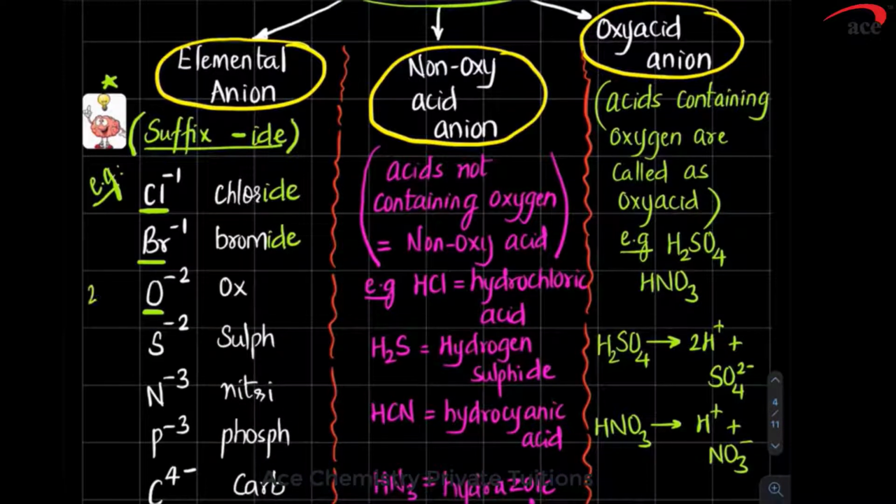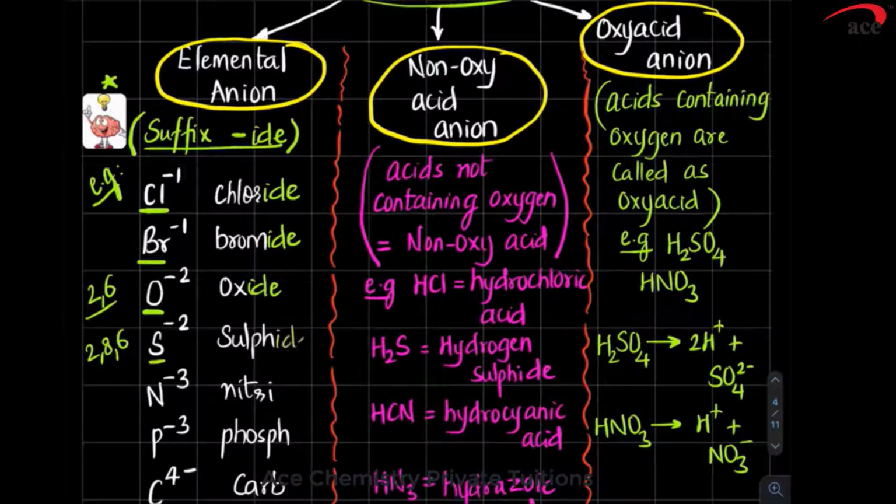Oxygen has 2,6 as electronic configuration and requires 2 electrons to complete its octet. Therefore, oxide. Sulfur, 2,8,6, also requires 2 electrons to complete its octet. It is also made up of only one element.